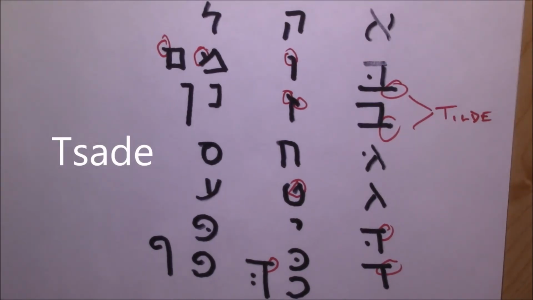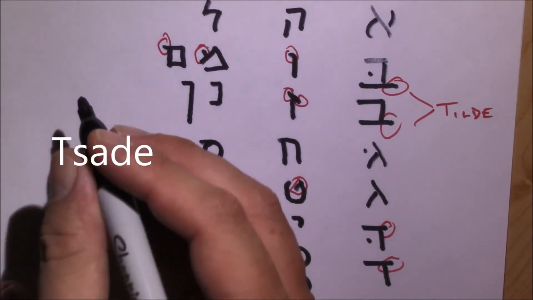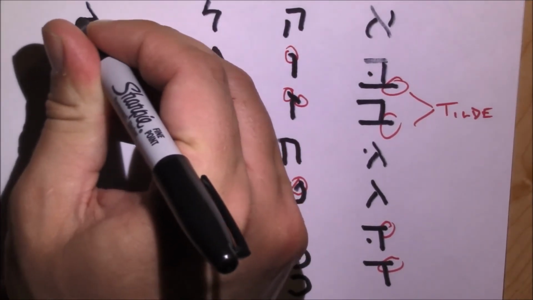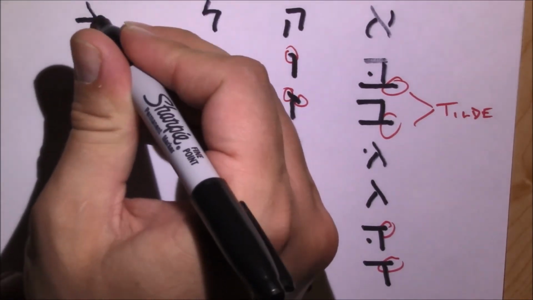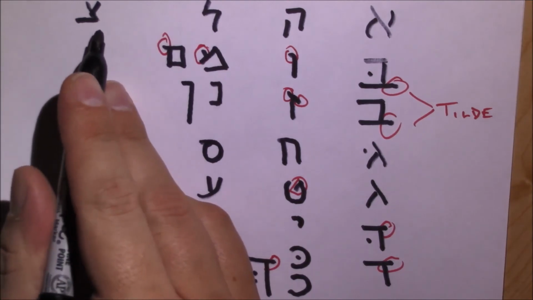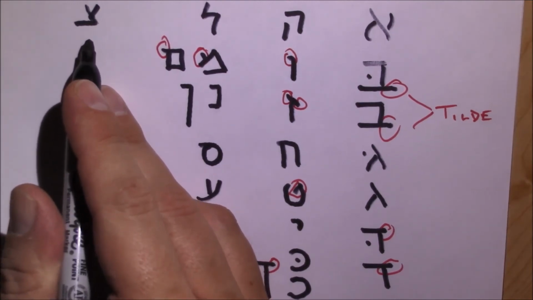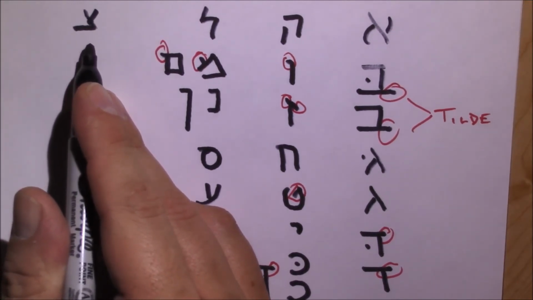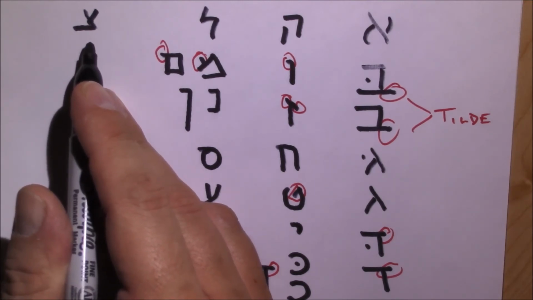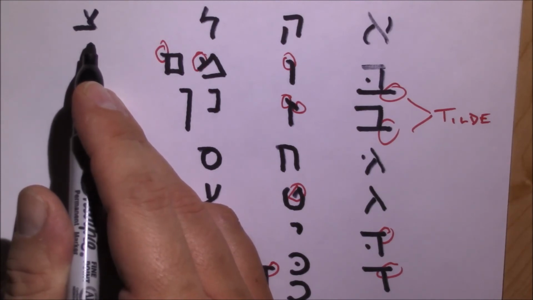Our next letter is another T sound, but a little bit different from maybe what we would expect. It is our tsade. And it sort of is a half triangle, if you will, or two-thirds triangle, I guess, with a tilde there. Sort of looks like a tree, as it were. And this is a TS sound. So it's not a straight T, it's not a straight S. It's like if you say cats.